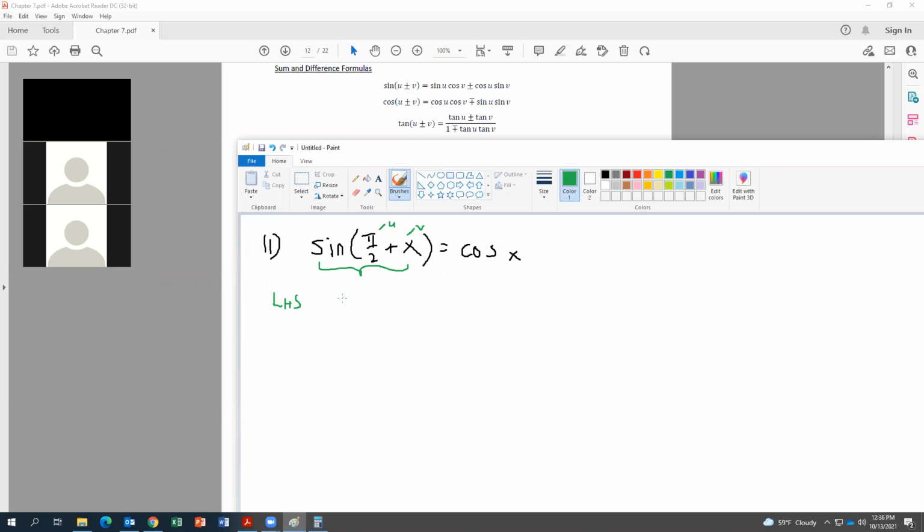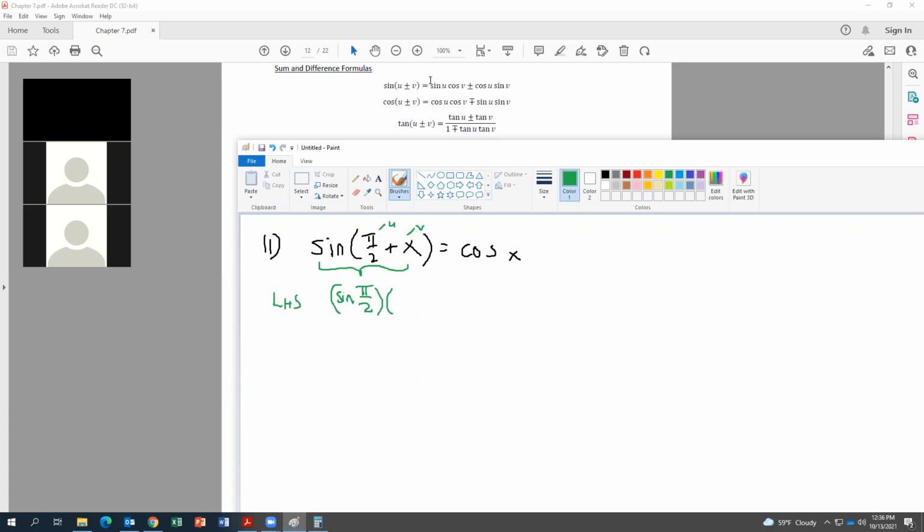It's sine u cosine v, right? So what is sine u in this case? Sine u is sine pi over 2. And then you said plus v, right? No, I didn't say plus. I said multiply with cosine v. Okay.